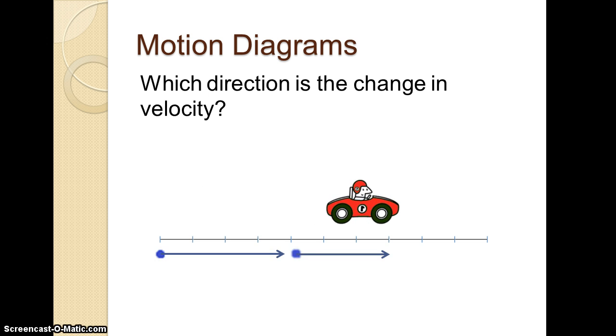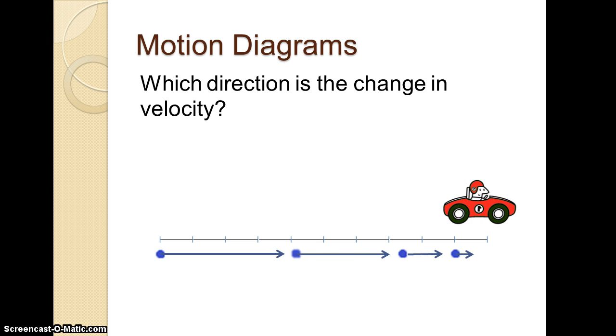So which direction is the change in velocity for this object? It's back towards the left. So you'll notice when the object is slowing down, the change in velocity arrow is directed in the opposite direction of the velocity arrows.